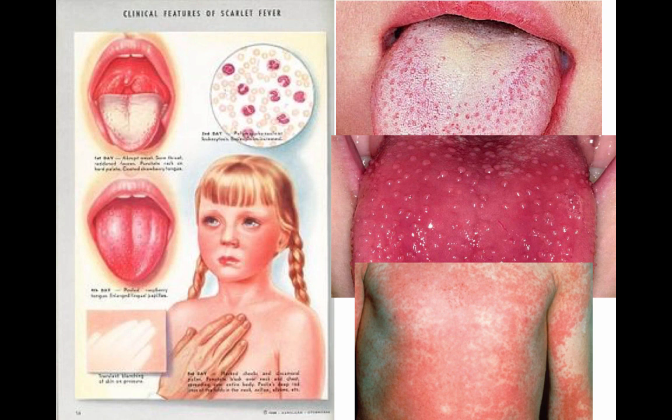However, it could still happen if you get infected with the strain of strep that has the pyrogenic toxin gene. If you do, what will typically happen 1 to 2 days into the strep throat, you will start to see a strawberry-looking tongue. The tongue takes on this strawberry appearance where some of the taste buds are rather swollen, and so they kind of look like seeds on the strawberry.